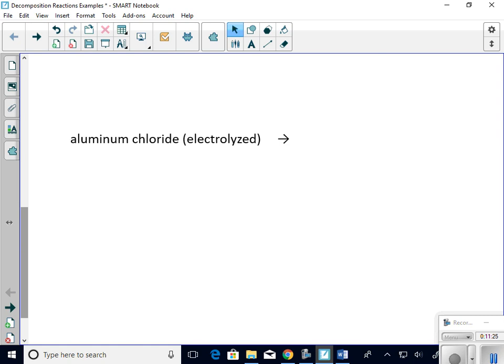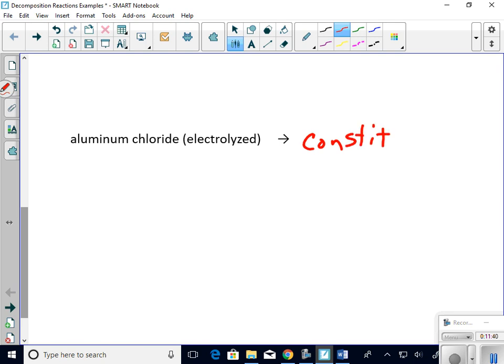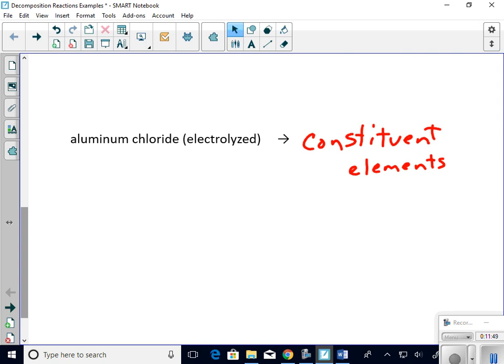Okay, so what will happen? Well, this will decompose into its constituent elements.